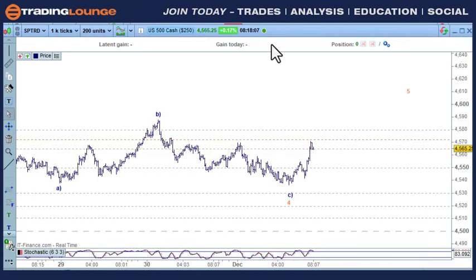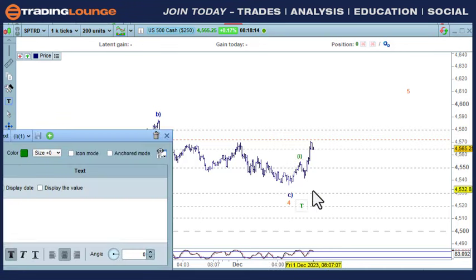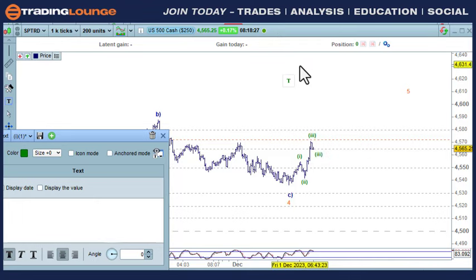So we can look at this, if I may just quickly label this here for us in terms of 1 and 2 here, and this will be wave 3 up here, 2, 3, and 4 and 5 to make wave 1 at that point, I believe.